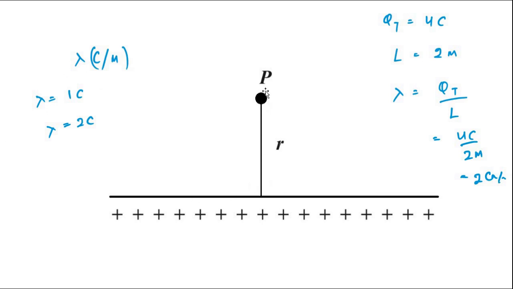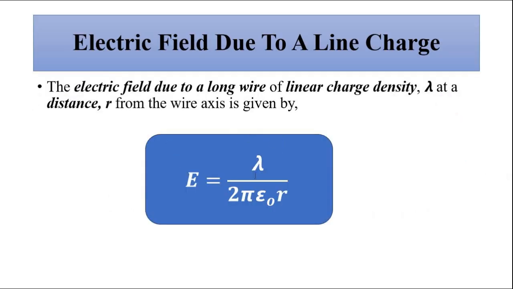To determine the electric field at a point P at a perpendicular distance r away from the wire, it is given by lambda by 2 pi epsilon 0 r. This is the electric field due to a line charge. Again, I am not going into the derivation, I am simply stating the formulas.